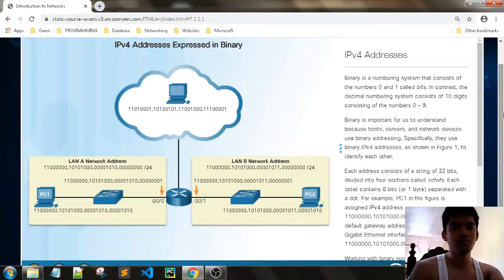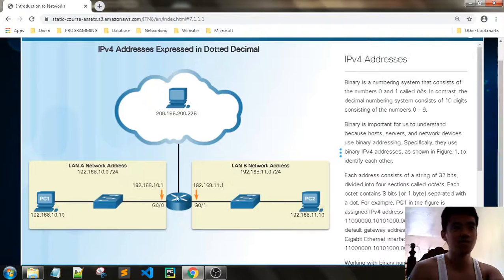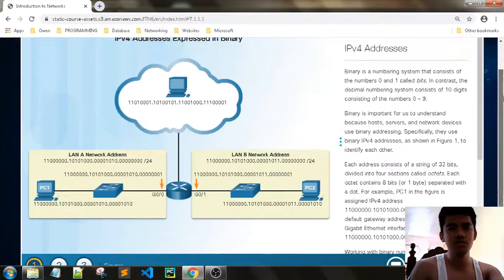It can be converted to binary. Initially it is a binary number. We have 32 bits, and it has 4 sections, and these 4 sections are called octets. Each consists of 8 bits of binary numbers, 1 and 0.